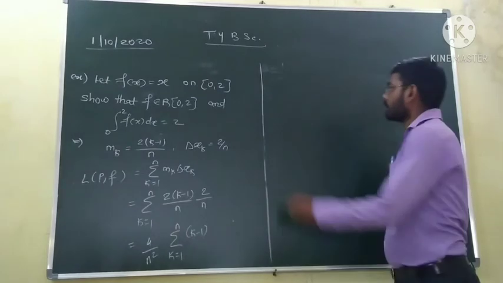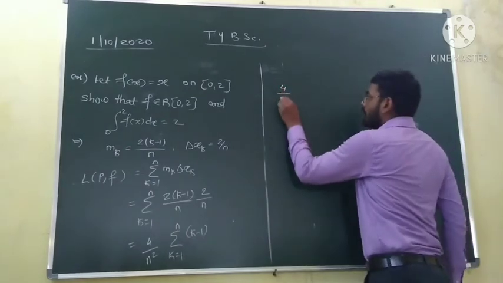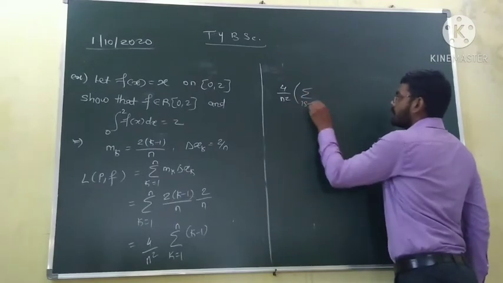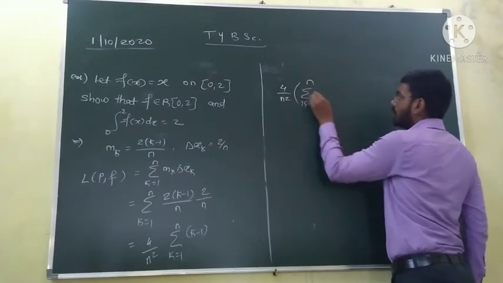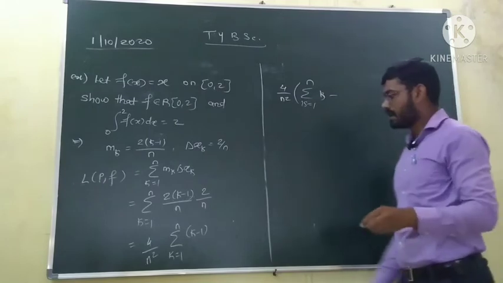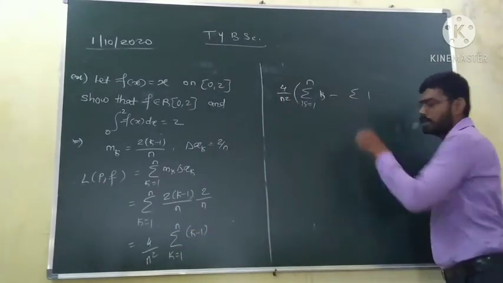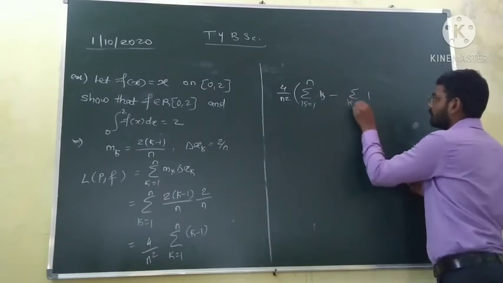This becomes 4 by n square, summation k equal to 1 to n of k, minus the summation of 1, n times.